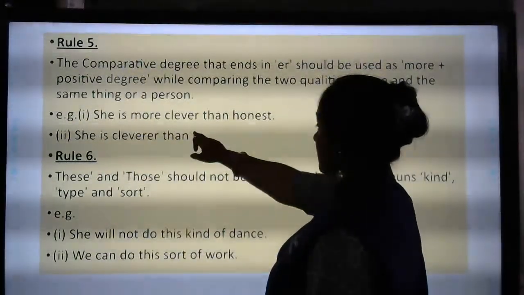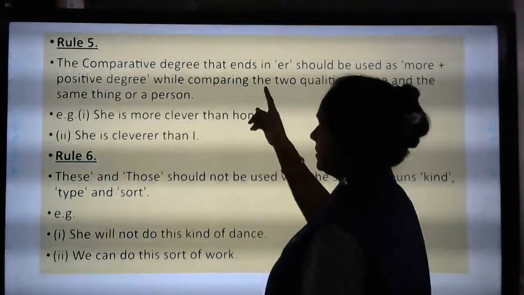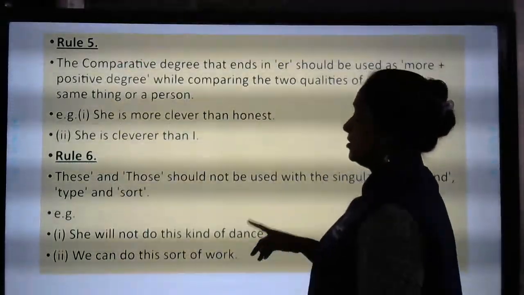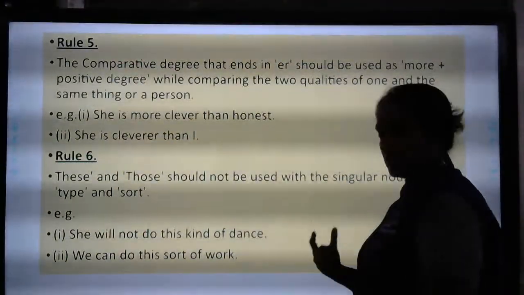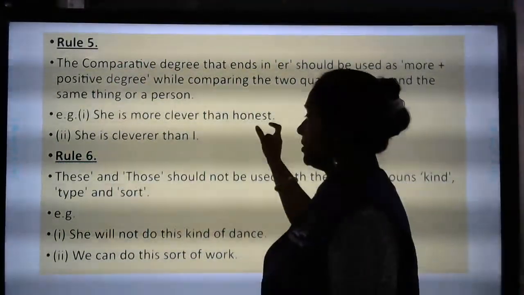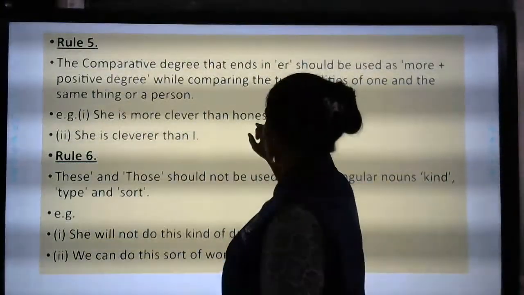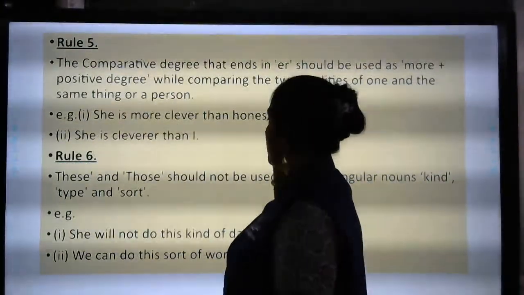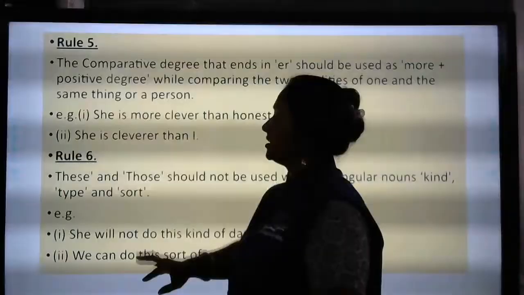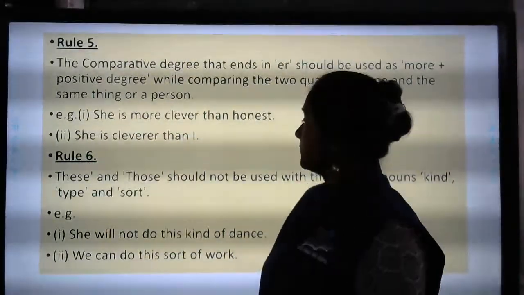She is cleverer than honest, so that is wrong. She is more clever than honest. Here these two qualities are compared, and for that comparison, the word more is used. Next.